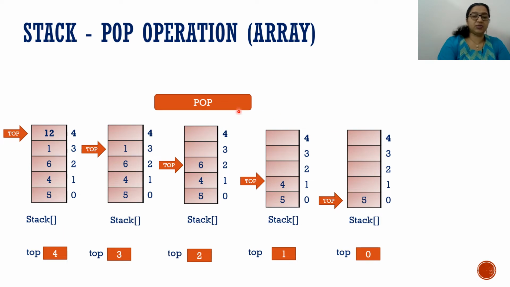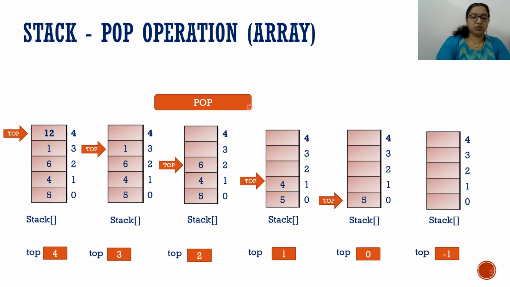Again I try to pop the element. So top is -1 now. See the condition of the array now. Top is not focusing on any element here. Top is -1. So again I am trying to pop an element. What will happen? Nothing is there. If top is -1, that is known as what?